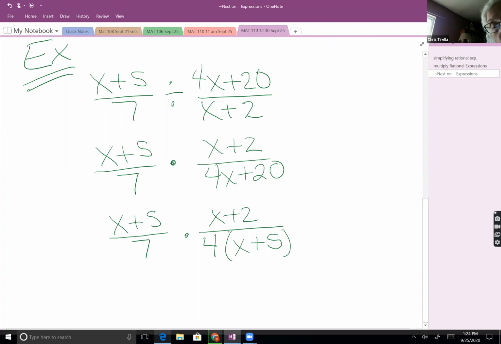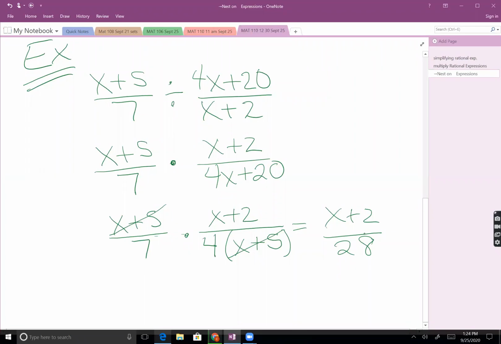Pretend that this is one continuous fraction bar. And we can divide out that common factor of x plus 5. And so we're left with final answer, x plus 2 over 7 times 4 will give me 28. And that's rewriting the division as multiplication, factoring, and simplifying. Is everybody all right with that?